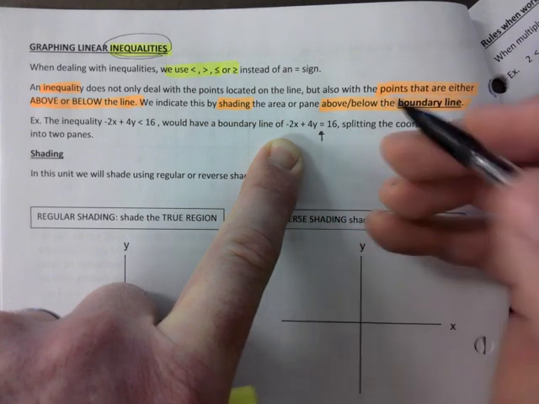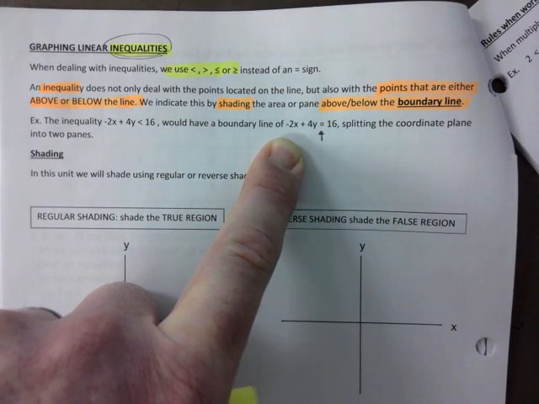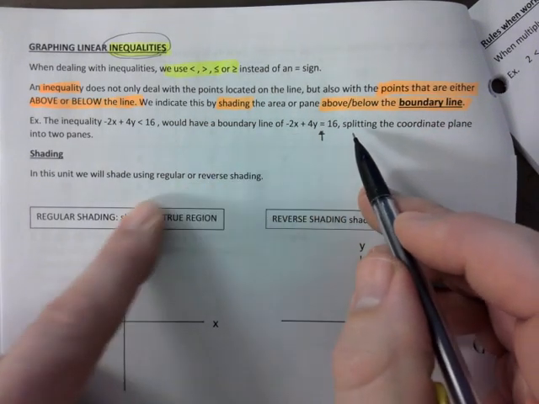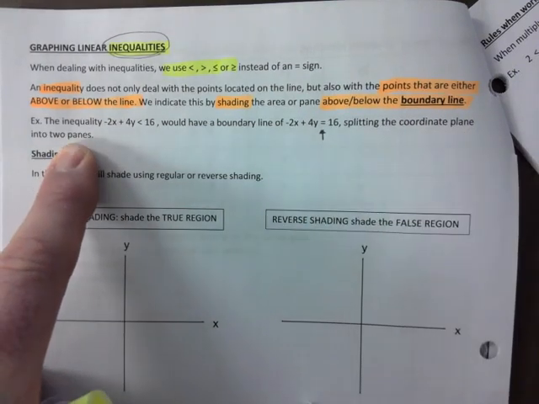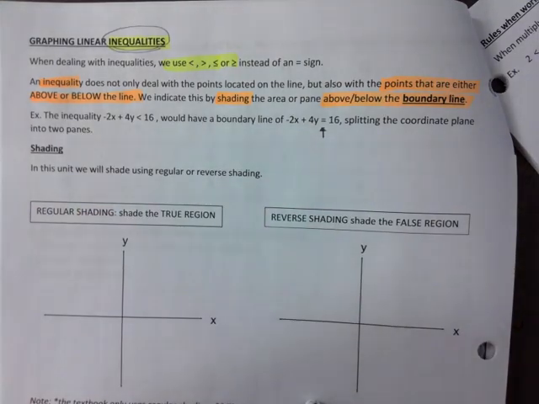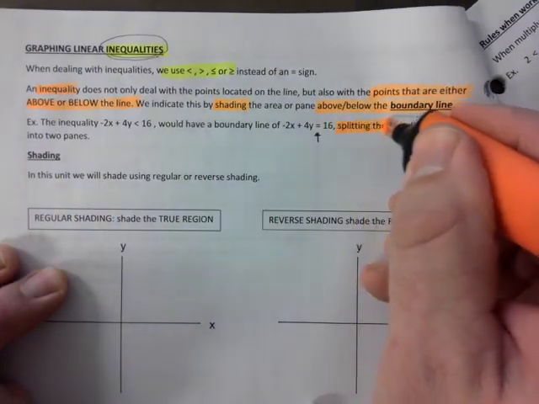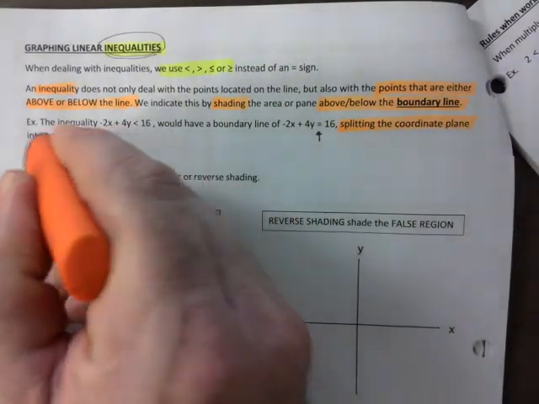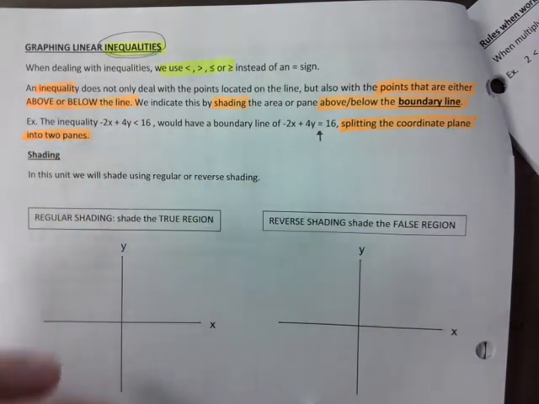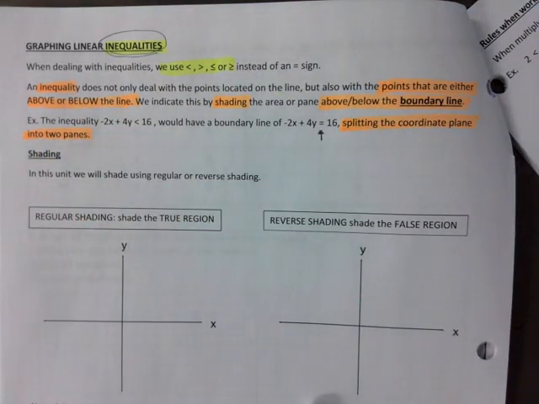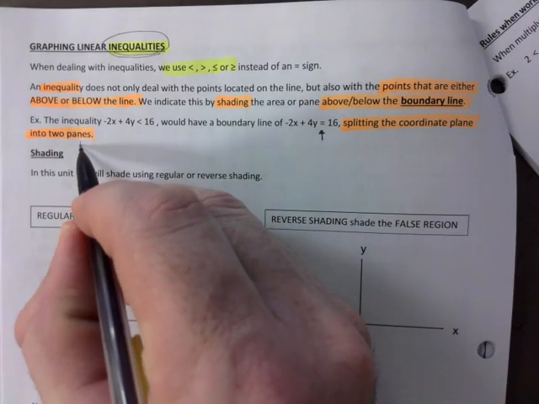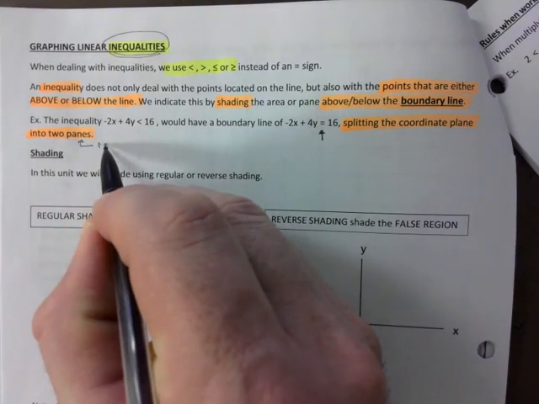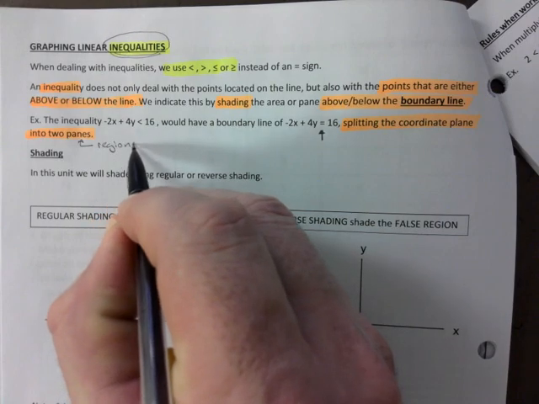So we're going to have to either shade above or below that boundary line. It will be splitting the coordinate plane into two planes. Maybe that's important to highlight. We'll be splitting the coordinate plane into two planes, two panels, two regions.